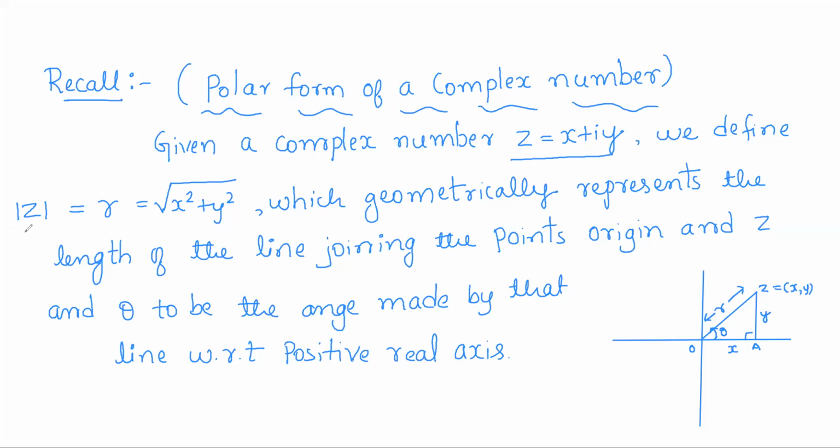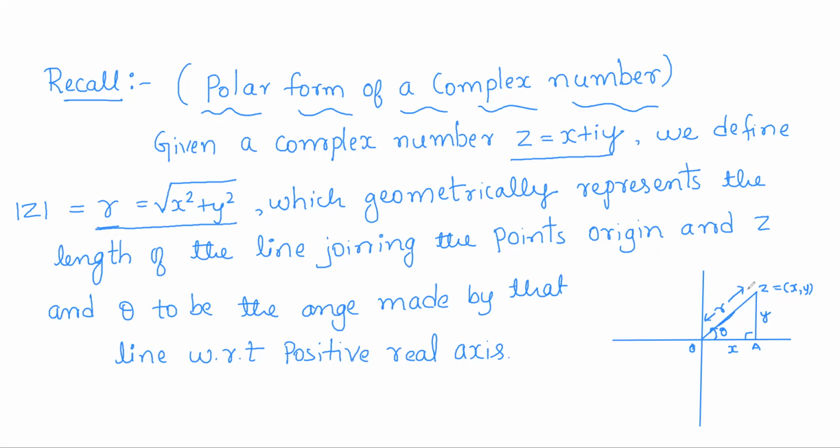We define the modulus of z, which is taken as r, to be the square root of x square plus y square, which we know geometrically represents the length of the line joining the origin and z.